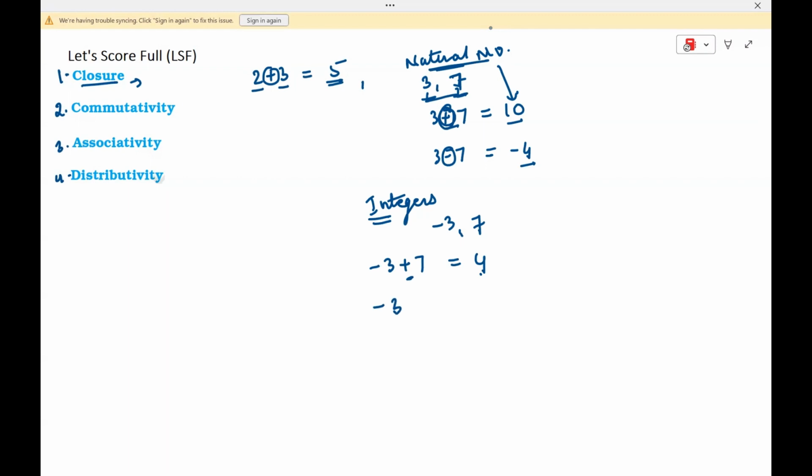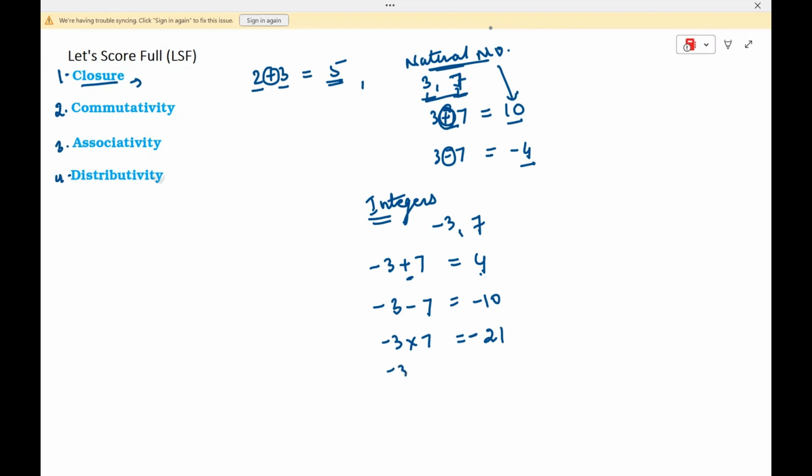If I take 3 and then subtract the second number, it is minus 10, which is again an integer. So I will say integers are closed under subtraction. Next operator, multiplication: multiplying these two, 7 threes are 21 and minus 21 is again an integer. So I will say integers are closed under multiplication.